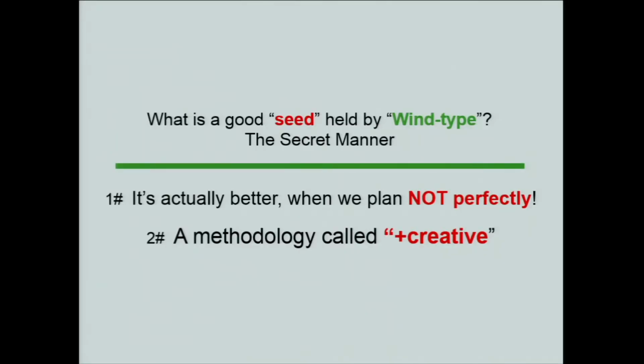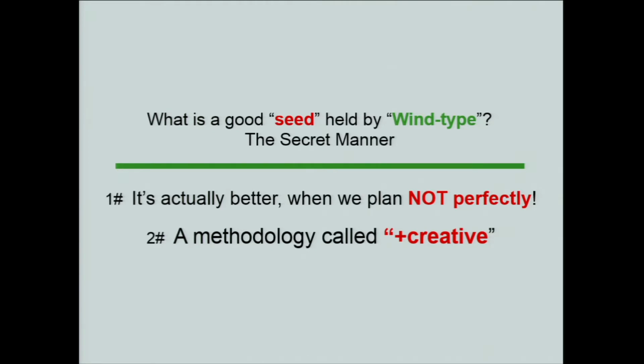Being a wind type person myself, what's crucial is to give good seeds. That's where I put all the effort, to have a good seed. And what is a good seed? I think there are two points. Looking back on what we have done, those are the types of seeds that would take deep root.